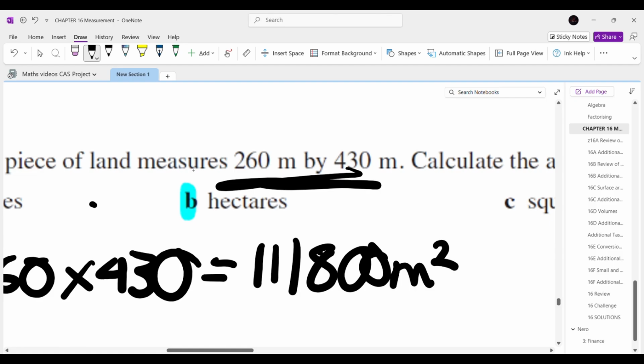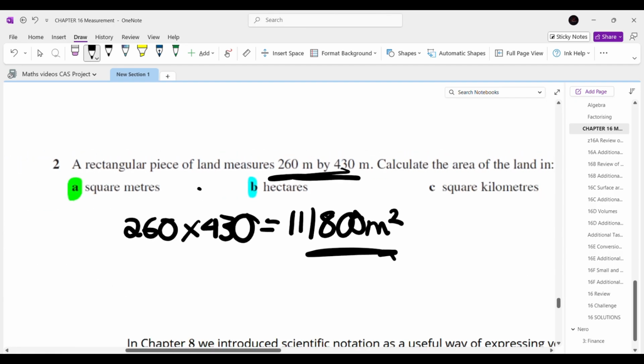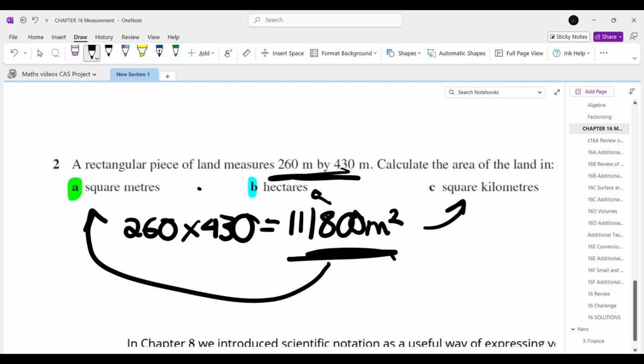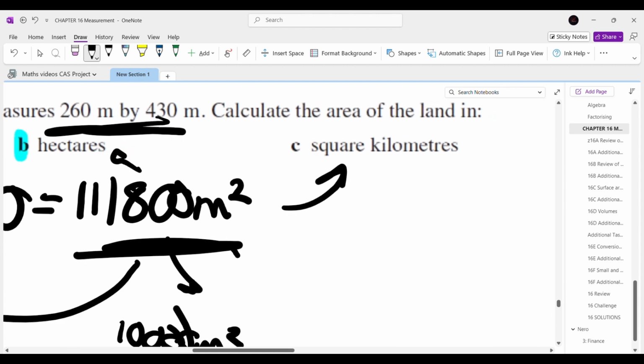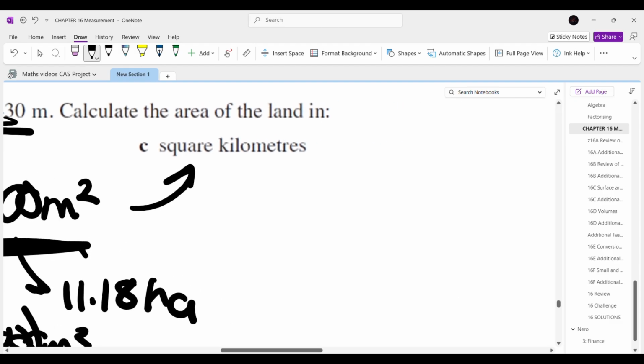111,800 meters squared. So this is your square meter calculation. Now to convert this into hectares and square kilometers. So hectares, remember, it's every 10,000 meters, so you just divide this value by 10,000. So it just becomes 11.18 hectares.